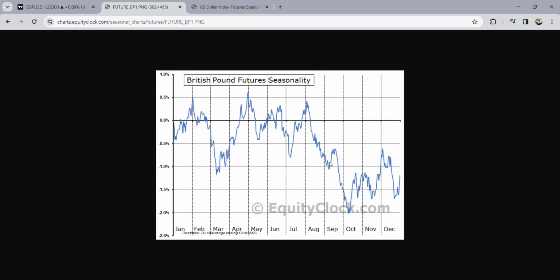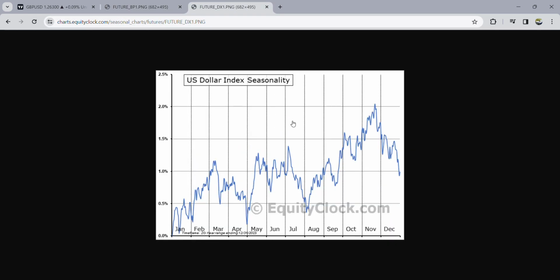September is over here, August, September. I can see immediately October is making a low in pound futures. So the middle of September creates the high between September and the end of October. Let's see, there's something similar in dollar, similar but reversed.